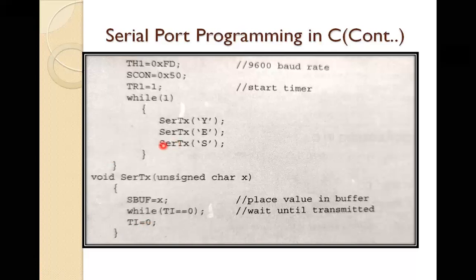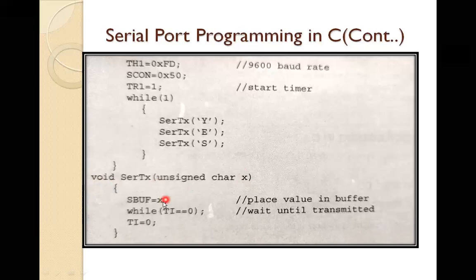So the next is SERTX in brackets inverted comma S. So now we have to transfer this letter S. So here the value of variable X is equal to S. So control will transfer from this line to this subroutine line, that is void SERTX unsigned char X, where X is equal to S now.